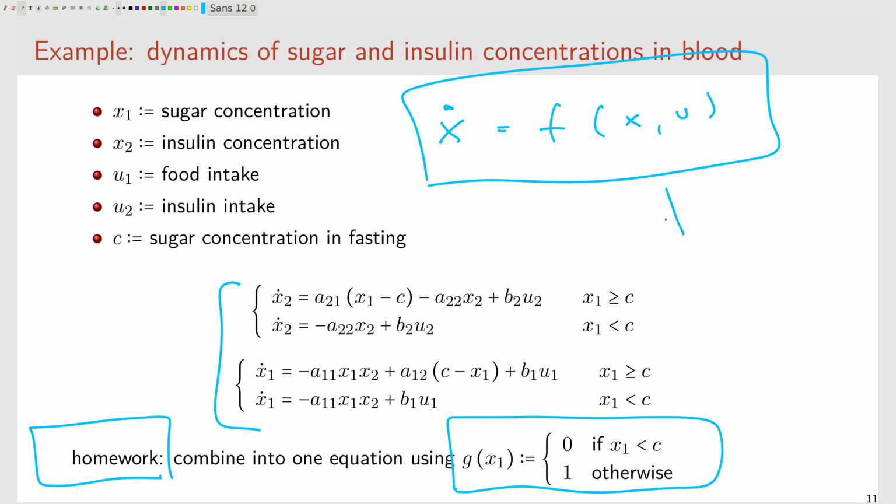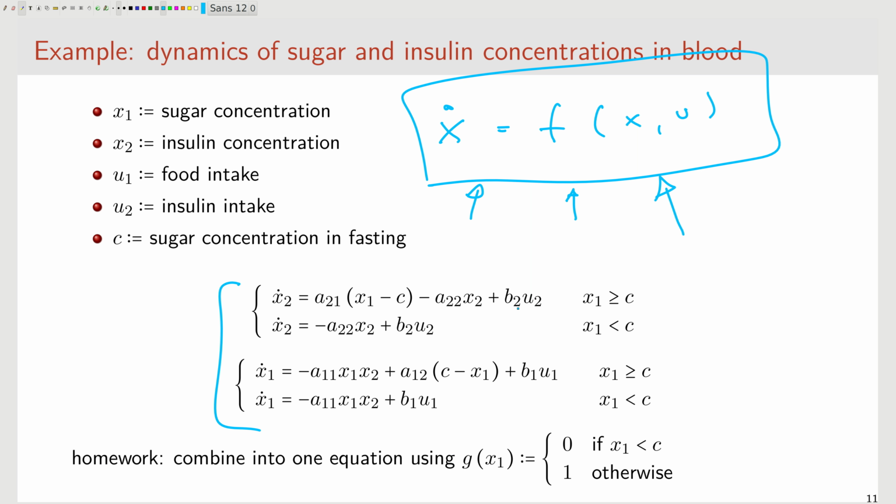Because this is the notation that we use in our systems. Whenever we design our controllers, we write the equations in this way, because it's easier to process one equation. These kinds of case distinctions are not useful, and not nice to work with.